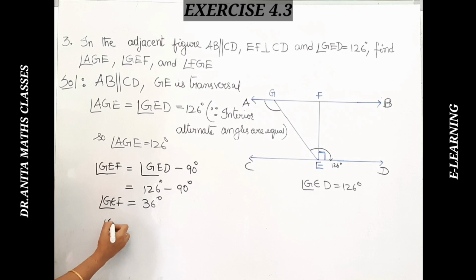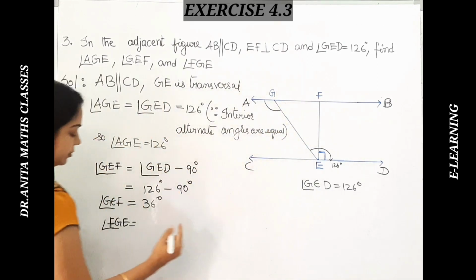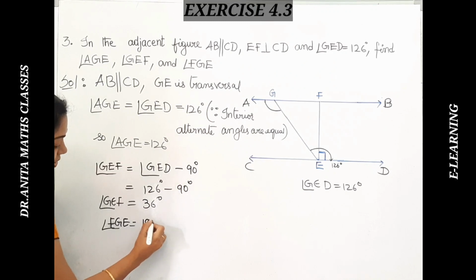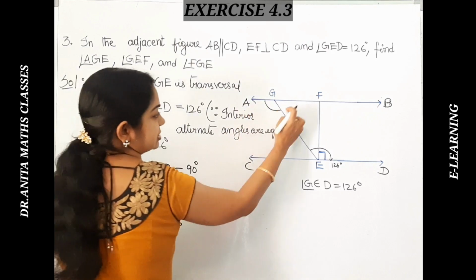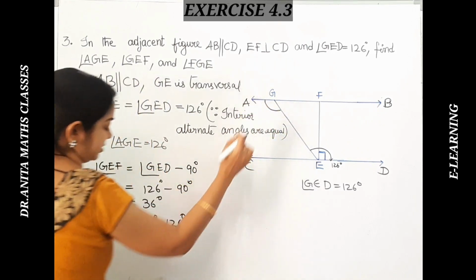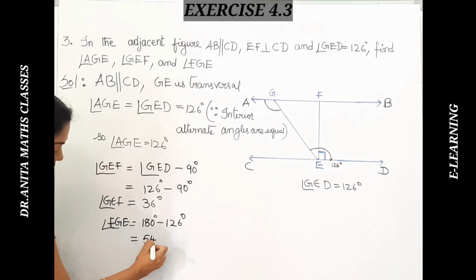Angle FGE is equal to 180 degrees minus 126 degrees. If you subtract it, it will become 54.